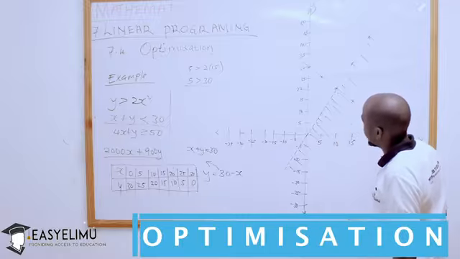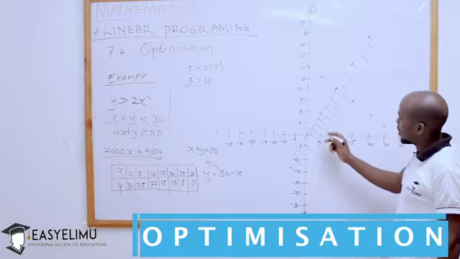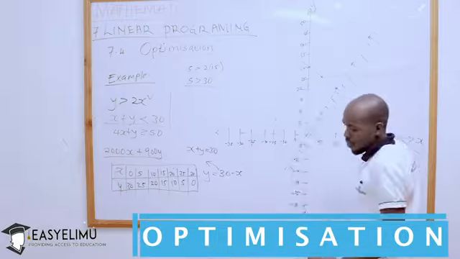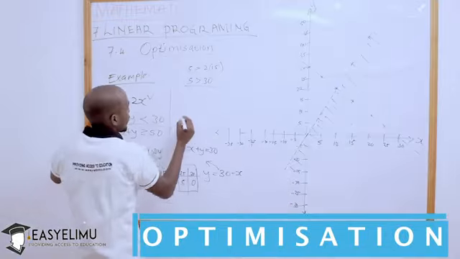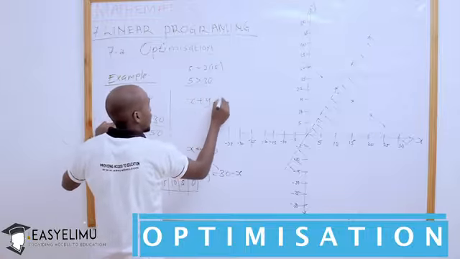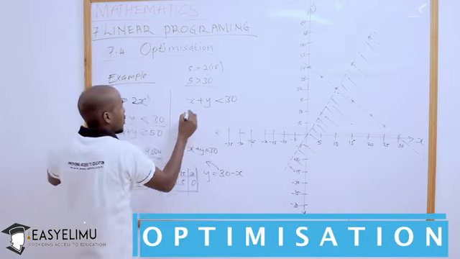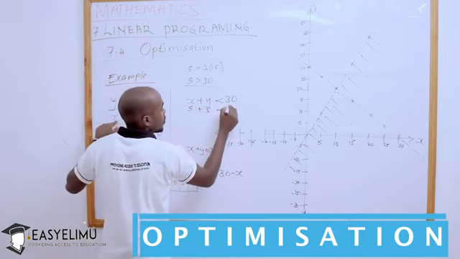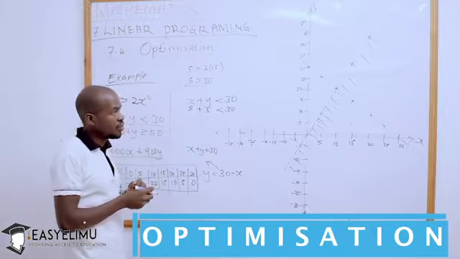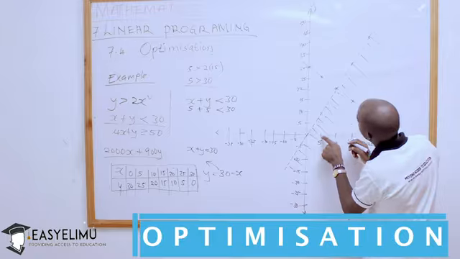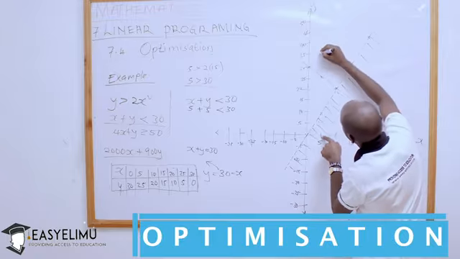If we take that point 5, 5, we should check that x plus y is less than 30. Here we have selected 5 and 5, so we get 10, which is less than 30. Actually, it's true.